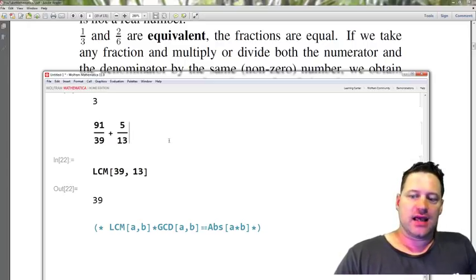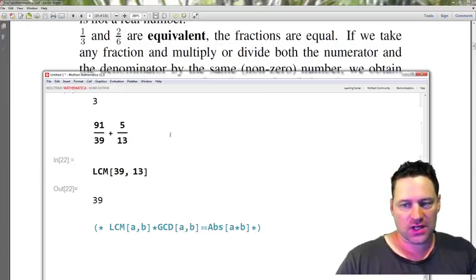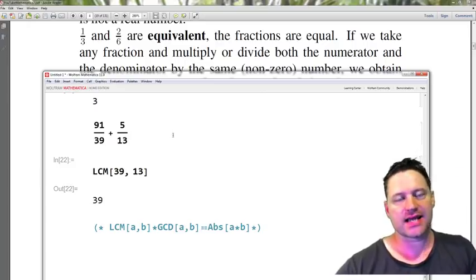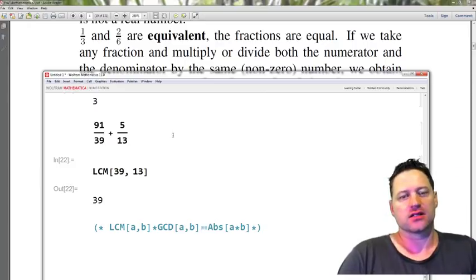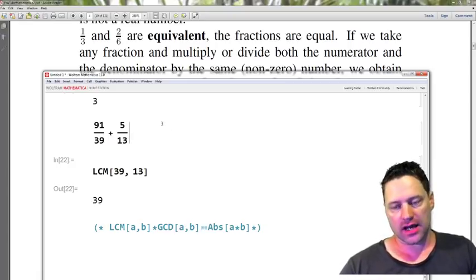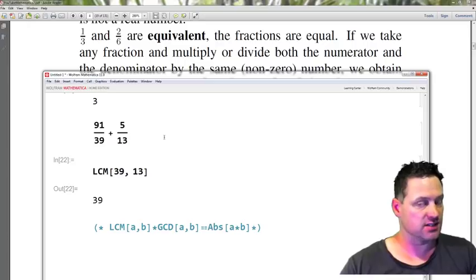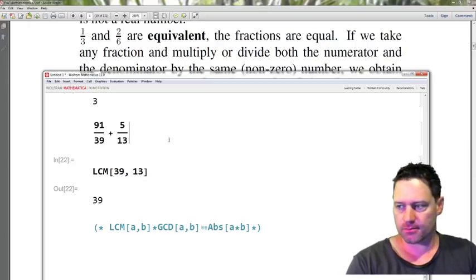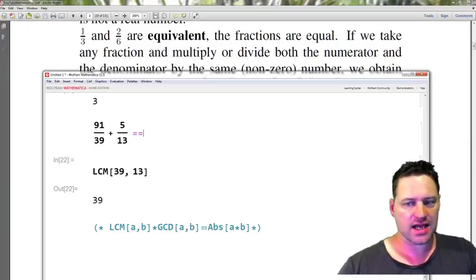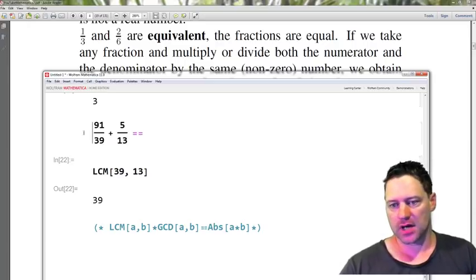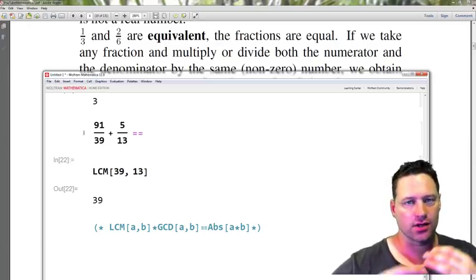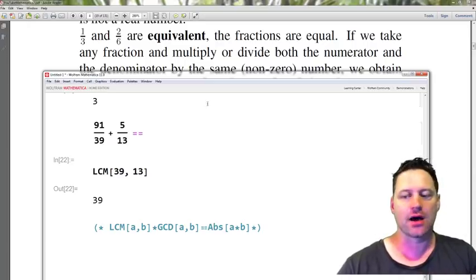So we need the LCM in order to add two fractions. Now let's actually carry out the mechanics of this by hand. Now that we know that the LCM of 39 and 13 is just 39, I'm going to make this a comment, so I don't intend to execute what I'm writing now.